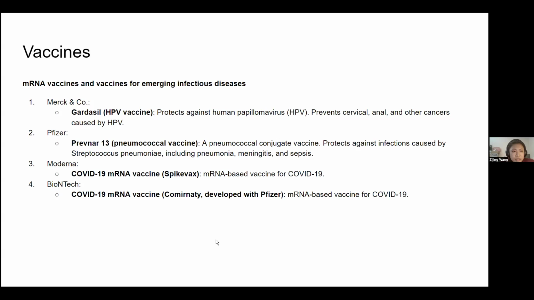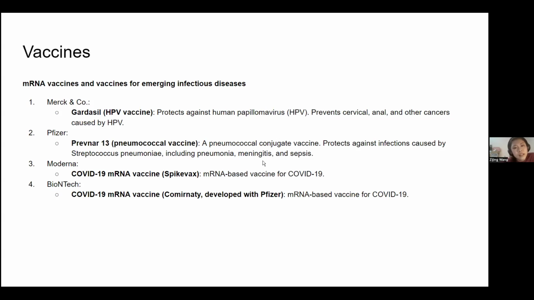And lastly, the vaccines are really familiar to us now because of COVID. So they're mRNA vaccines or normal vaccines that can treat infectious disease. For example, HPV vaccines are designed within the immunology industry.